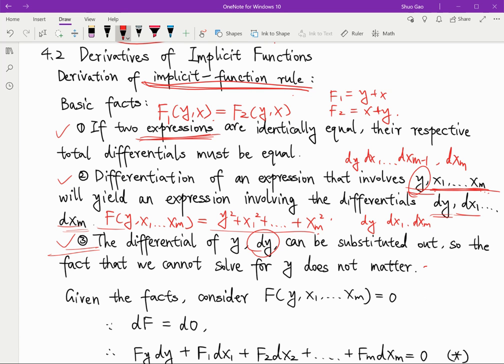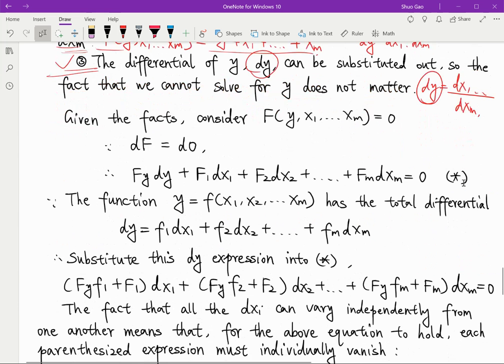That means you can always write dy equals a function of dx1 to dxm. You can always write dy solely on the left-hand side after you take the differential of the expression. So these are the three facts about the implicit function.